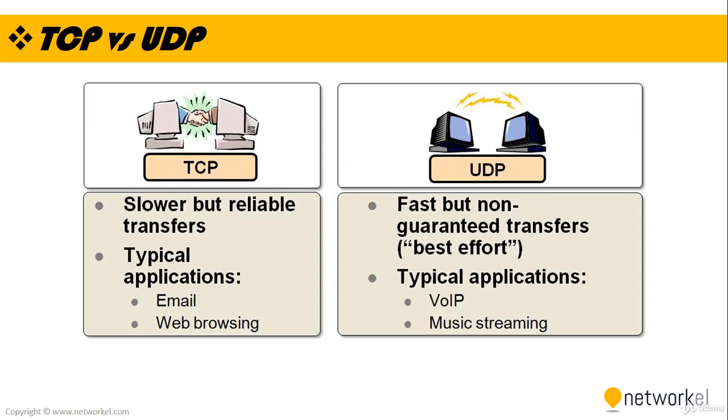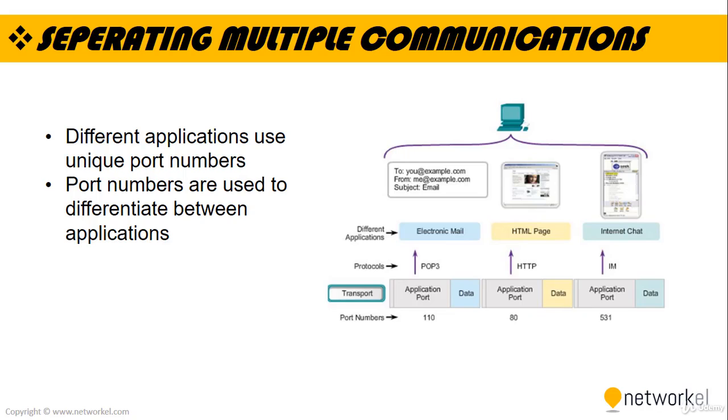TCP handles reliability and congestion control. UDP does not have an option for flow control. And lastly, TCP is connection oriented. Once a connection is established, data can be sent bidirectionally, but UDP is a simpler, connectionless protocol.